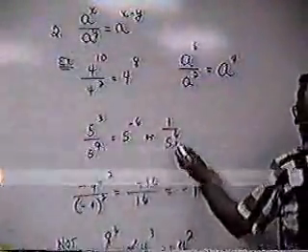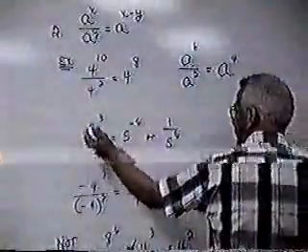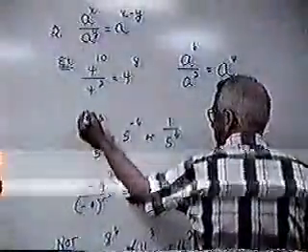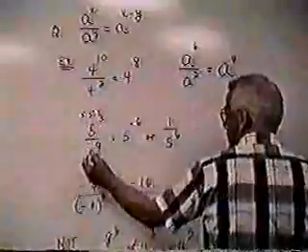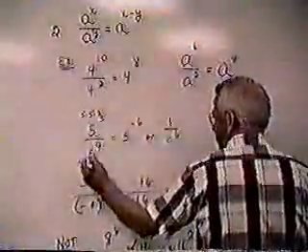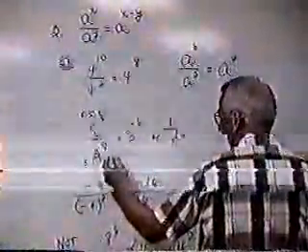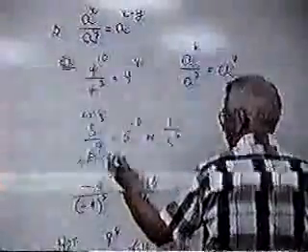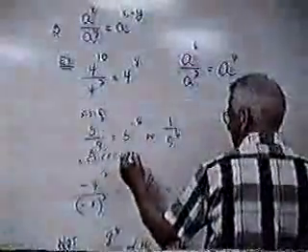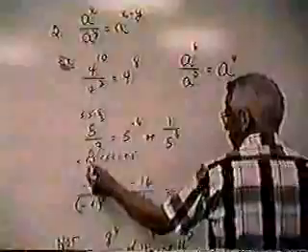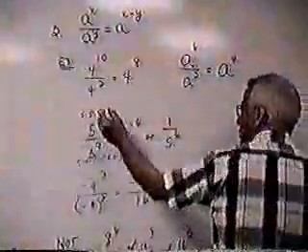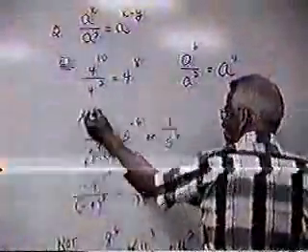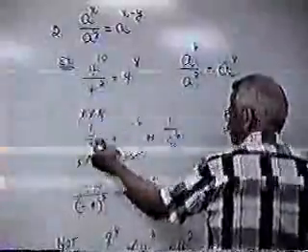But let's look at how we could figure out why this is like this. This is 5 to the 3rd. That's 3 5s. And this is 9 5s. How many do I have? 1, 2, 3, 6, 9. So one of these will divide out with one of these, one will divide out with one of these, one will divide out with one.